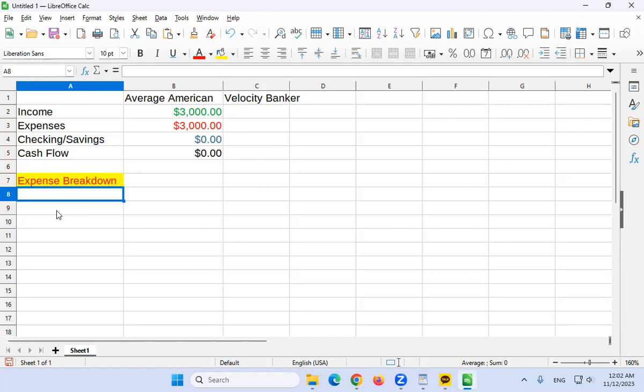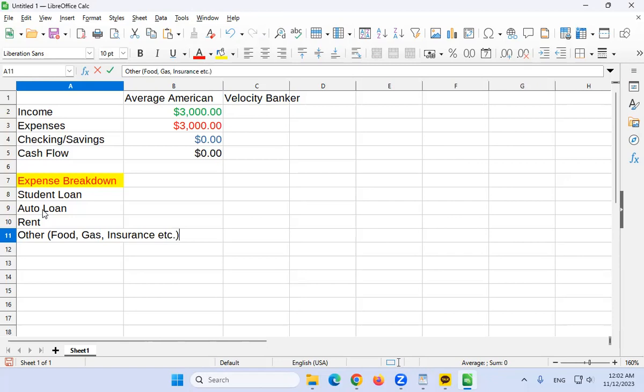So what are our typical loans? If you went to college, you probably have a student loan, and you probably have an auto loan. You may or may not have a mortgage. We'll probably call that rent, and then other food, gas, insurance, etc. Okay. So let's go ahead and do that.